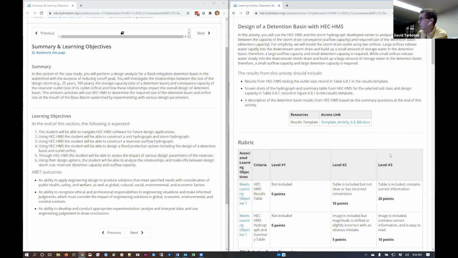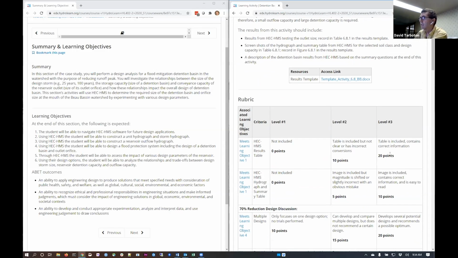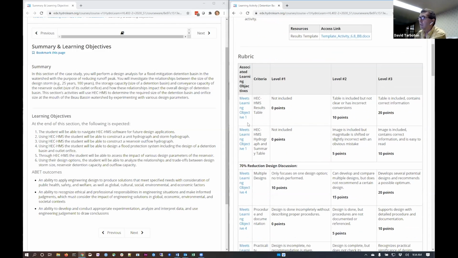And here we get into the rubric, which gives, I guess learning objective 1 is this one about navigating HMS software, and presumably they wouldn't have been able to produce a results table if they couldn't navigate the software. So there's some sort of alignment there.